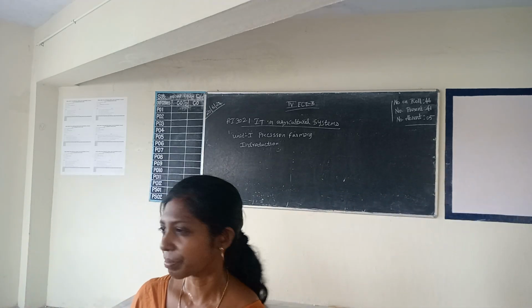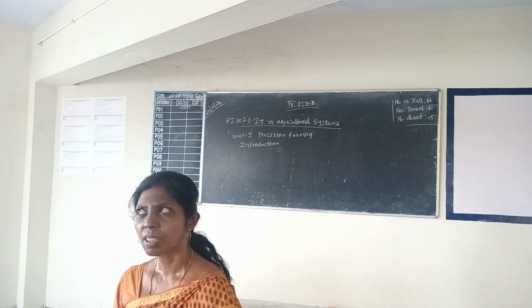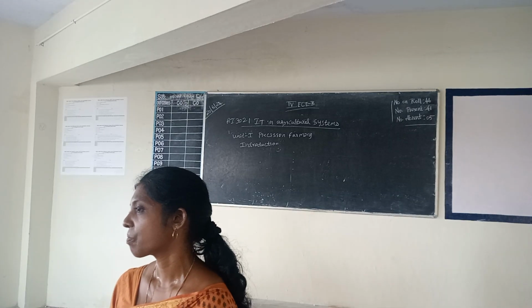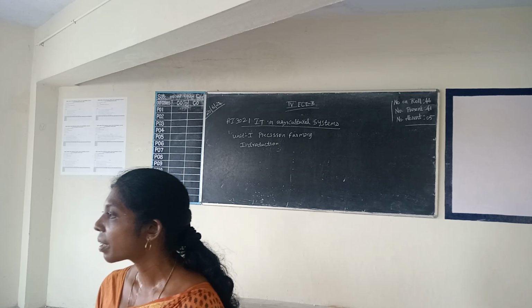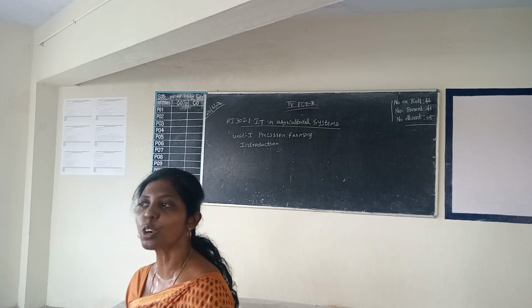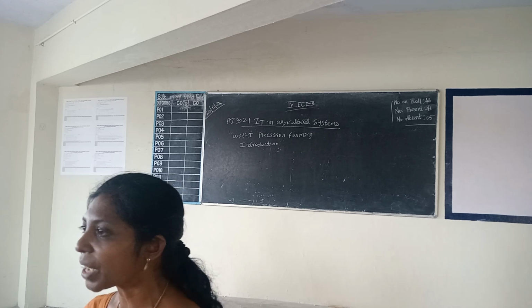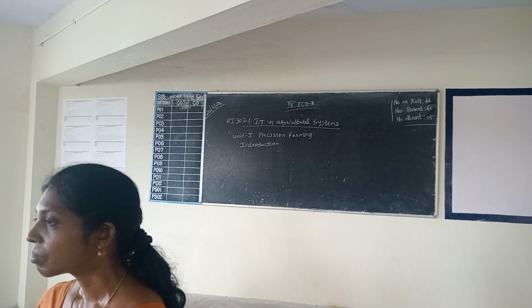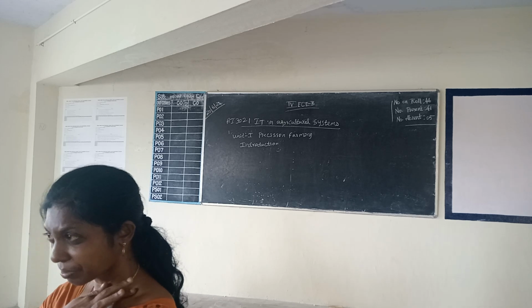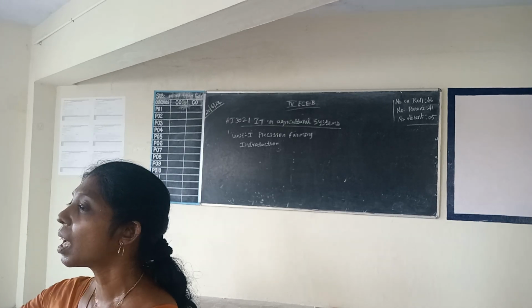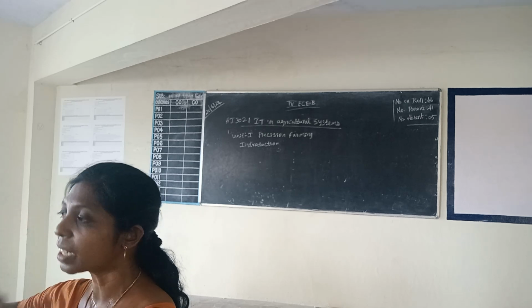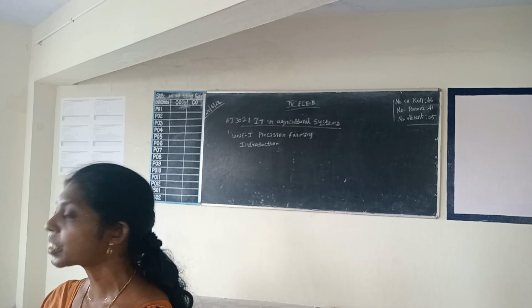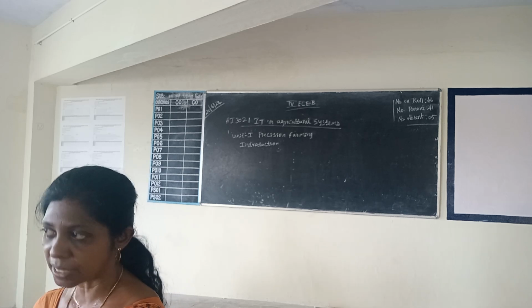Then which precipitation level, rainfall, means water. The necessity of water: how much water is necessary for that particular plant, right?